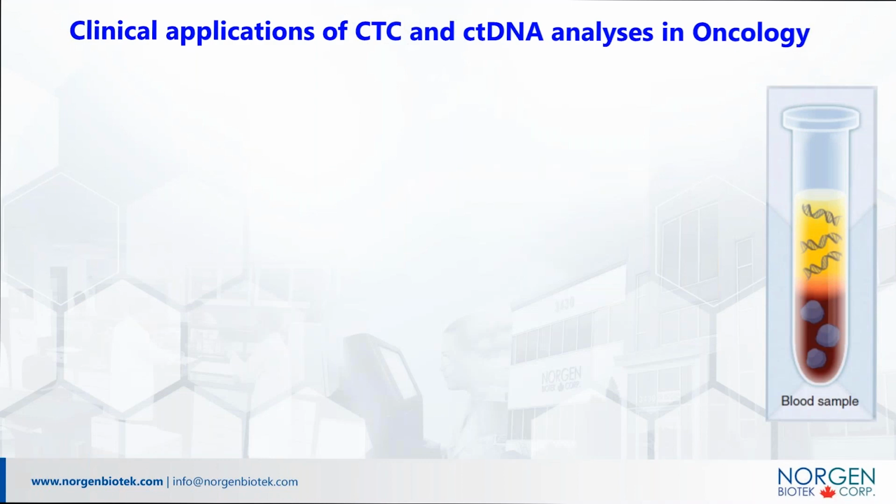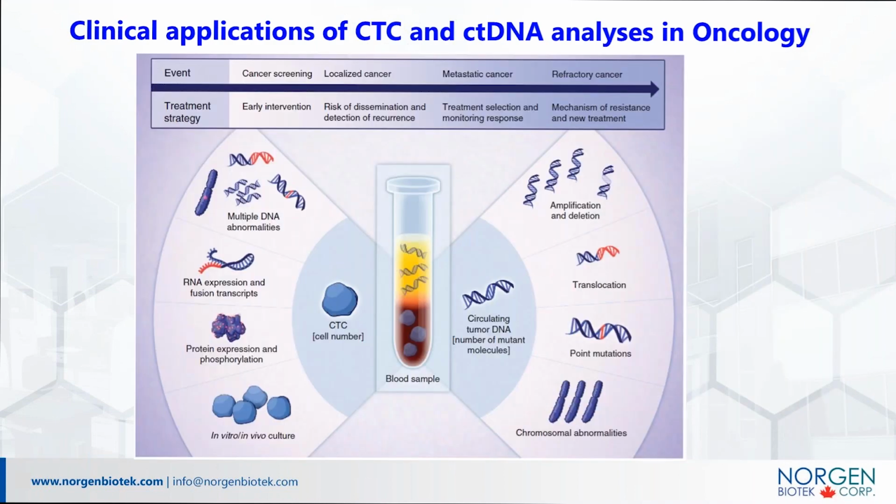The molecular analyses enabled by the isolation of circulating tumor cells, CTCs, and circulating tumor DNA from blood specimens may be applied to guide different treatment strategies and different events in the initial diagnosis and treatment of patients with cancer.